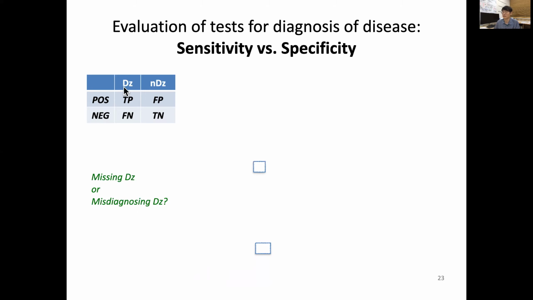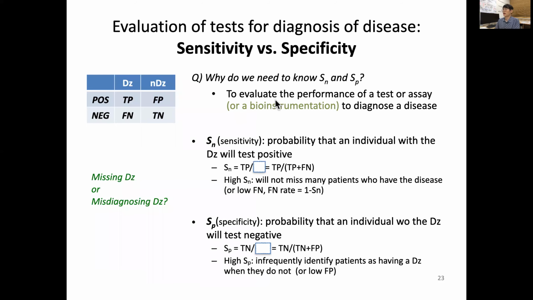There's a simple 2x2 matrix, and let's see why we need to know about sensitivity and specificity, because that's what people will ask you. To evaluate the performance of a test, assay or bioinstrumentation used to diagnose a disease, these are the important parameters that belong purely to that instrument.